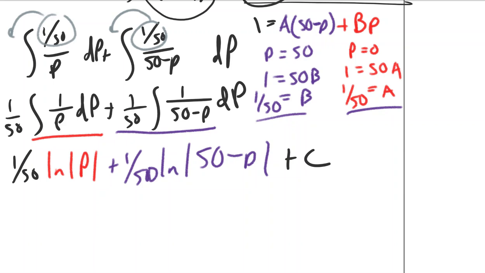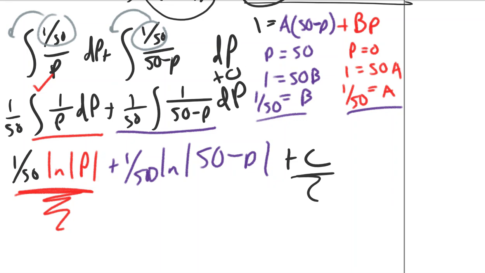Okay, so the problem, where I have a mistake here, is remember we are finding the antiderivative, which means you can check your answer by taking the derivative. If I take the derivative of this, I get 1 over 50 times 1 over p. Exactly what I wanted. If I take the derivative of a constant, I get 0.